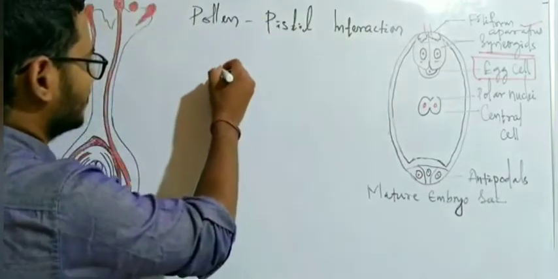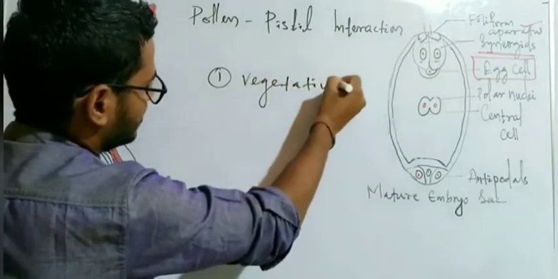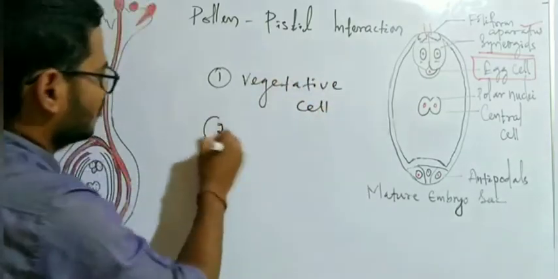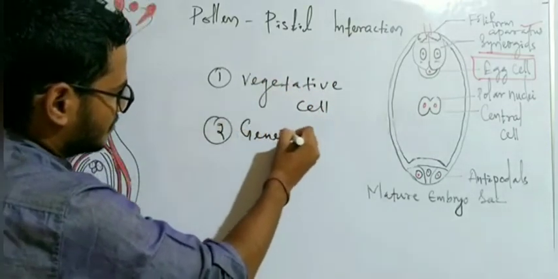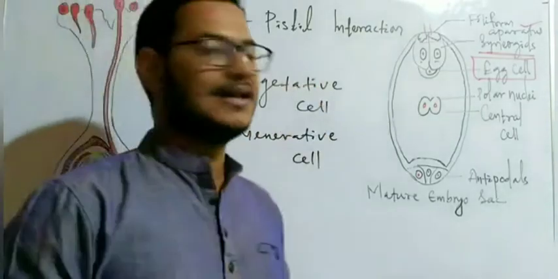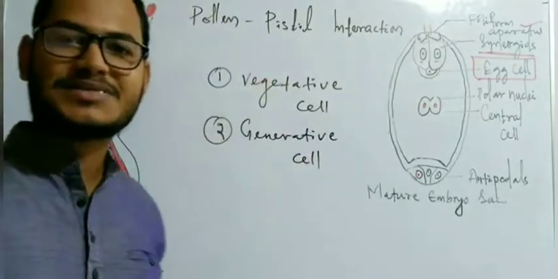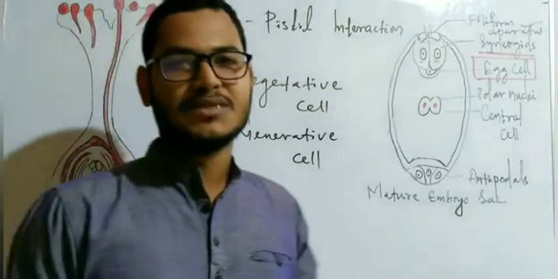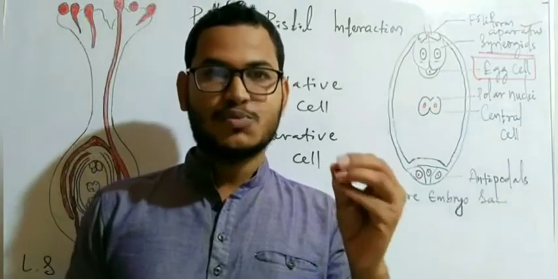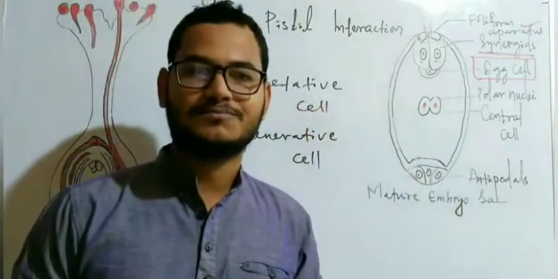So the two cells are, number one, the vegetative cell, and the second one, the generative cell. The vegetative cell is also called the tube cell, because it has an important role in the formation of the pollen tube.